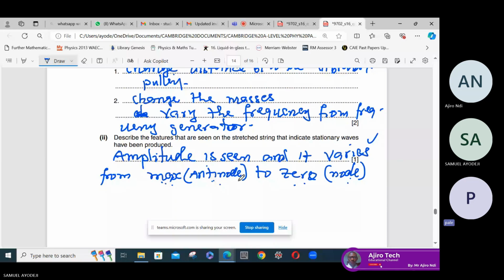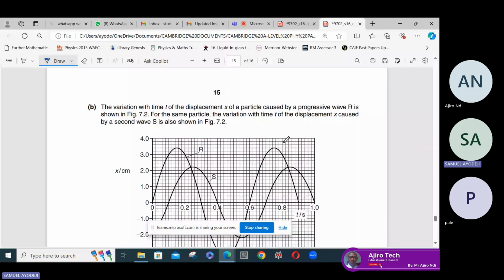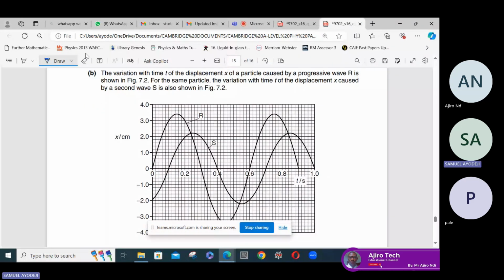Part B, sir. The one for the diffraction grating. I thought it had ended. So we have this.